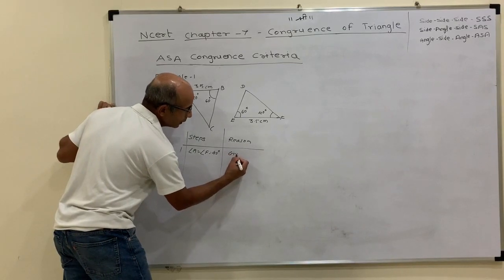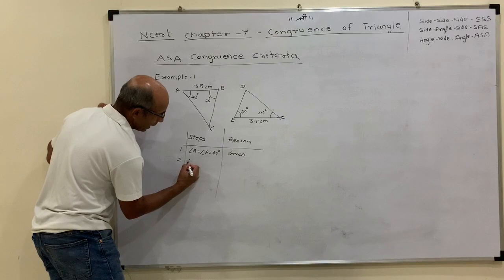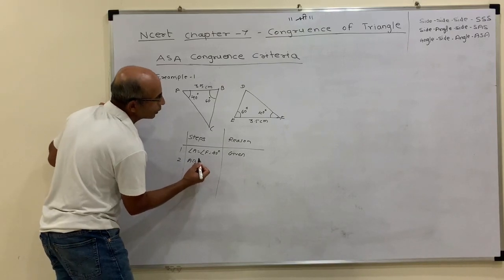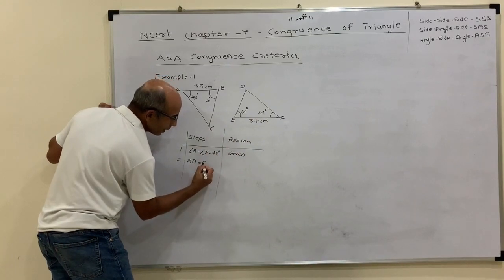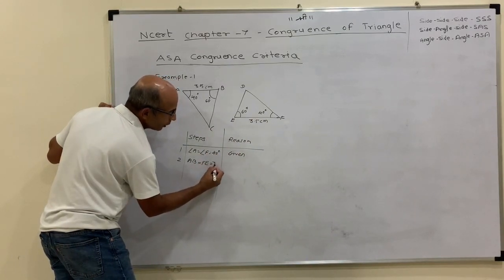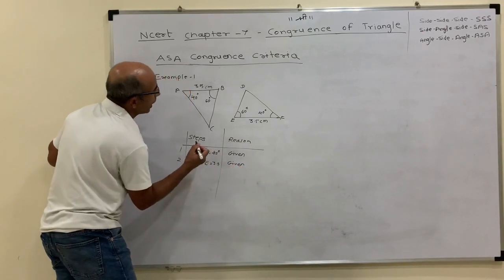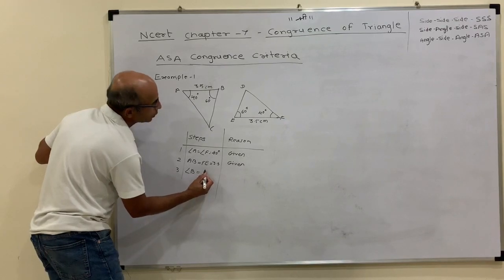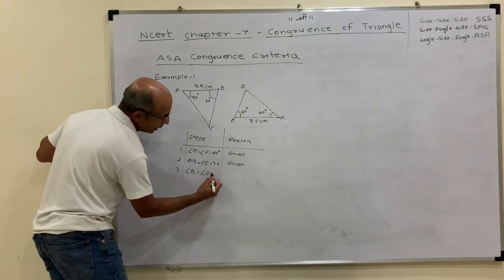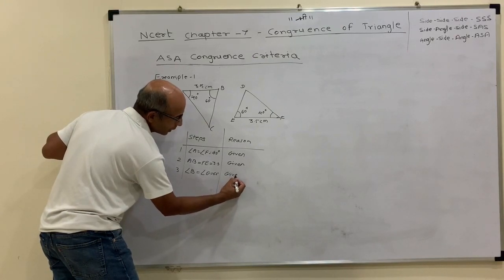This is given. 2, side AB equals FE equals 3.5, which is given. And third, angle B equals angle E equals 60 degrees. This is as well given.